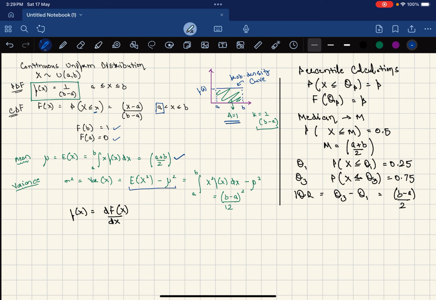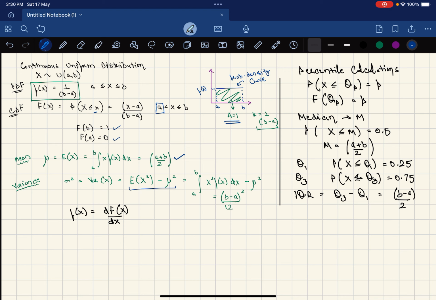Then in the very previous session, we looked at how we can get the percentile values for any distribution. Pth percentile value means that p percentage of the total values are less than or equal to that pth percentile value. This can also be worded as: the probability of getting a value which is less than or equal to the pth percentile value is equal to p.